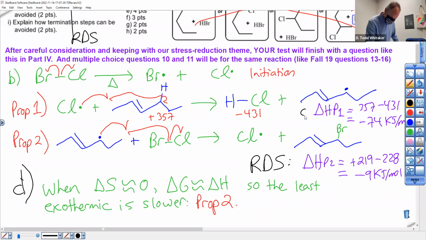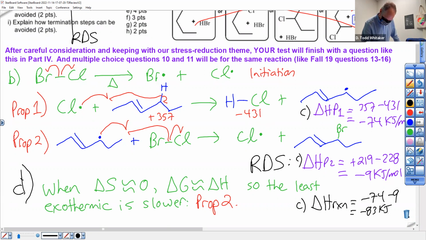And C was here, here, and here. Delta H reaction equals negative 74 minus 9 equals negative 83 kilojoules per mole. Need units on a final answer. That's the end of C. Was C, right? Yeah, good.